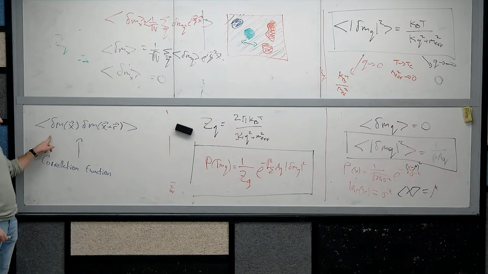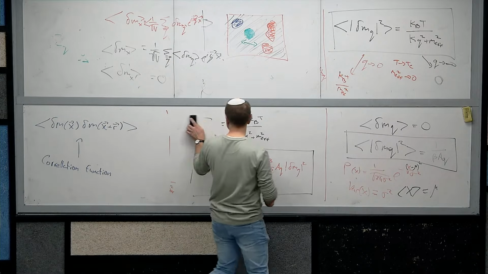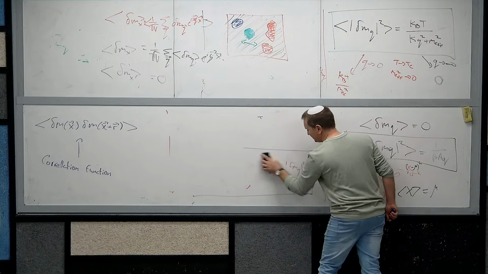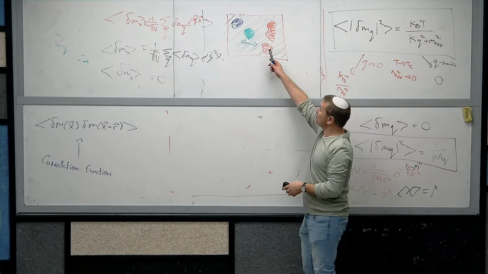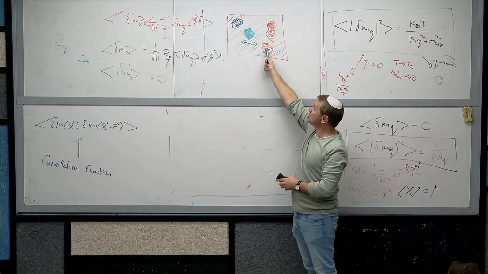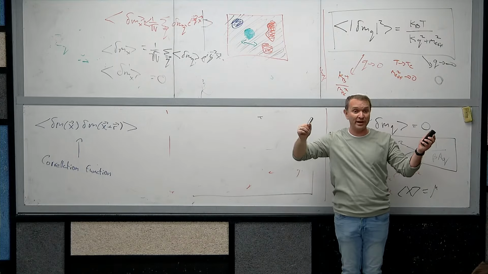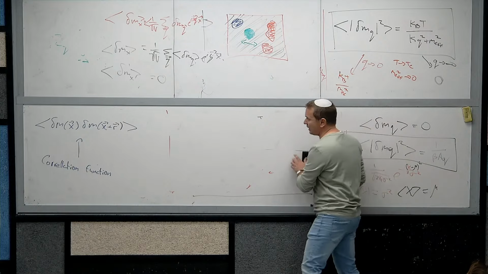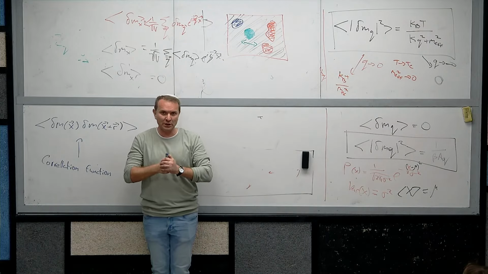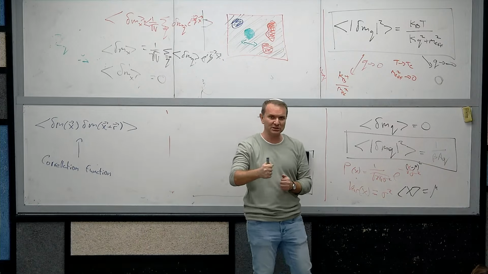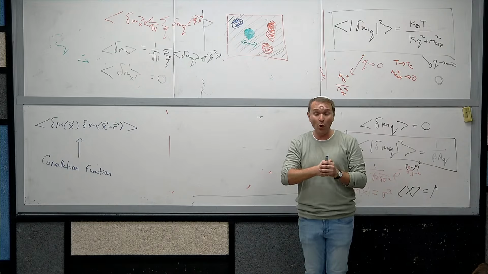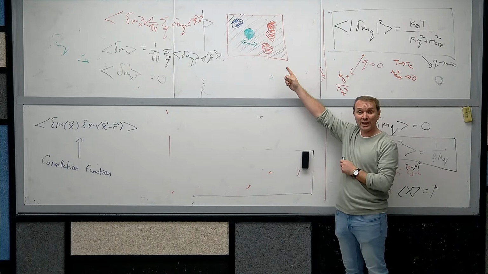Because if those guys are absolutely not correlated, then for any r the size of those domains is also zero. You don't care. It's only when a positive fluctuation in position x affects position x plus r, so that you also have a positive fluctuation there, that domains are created.